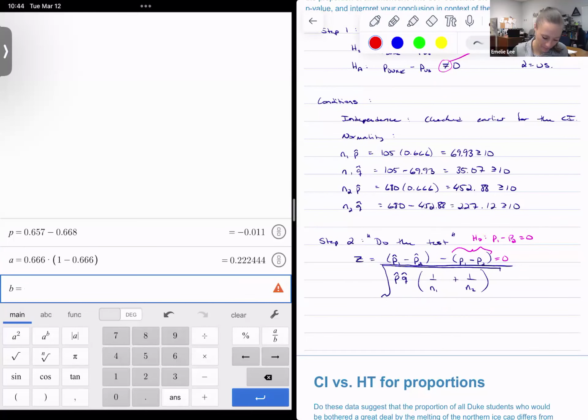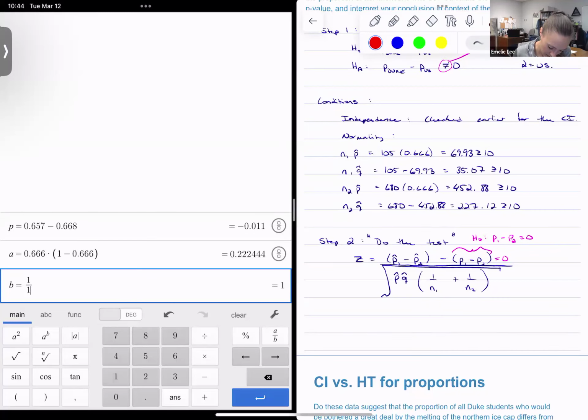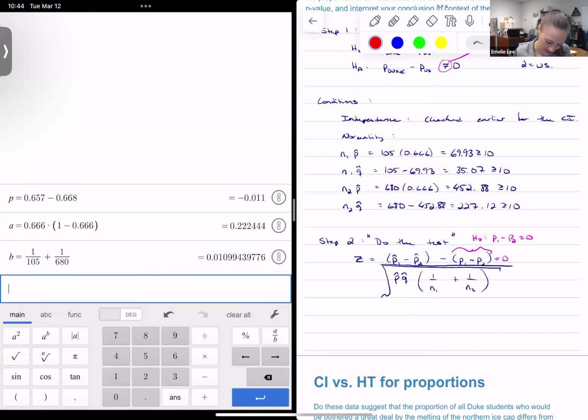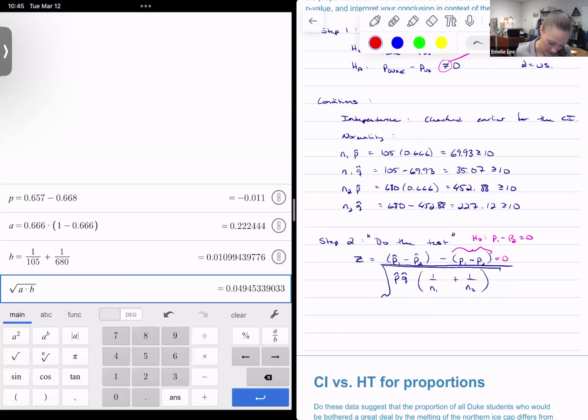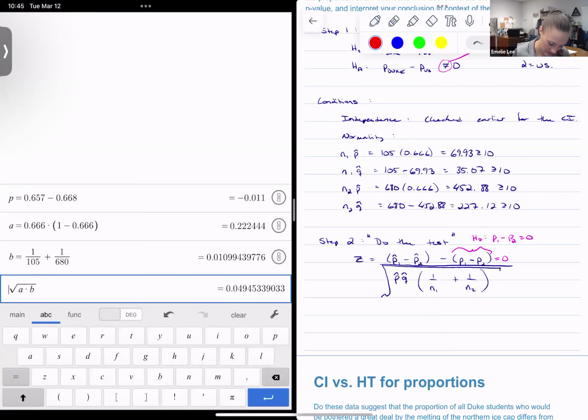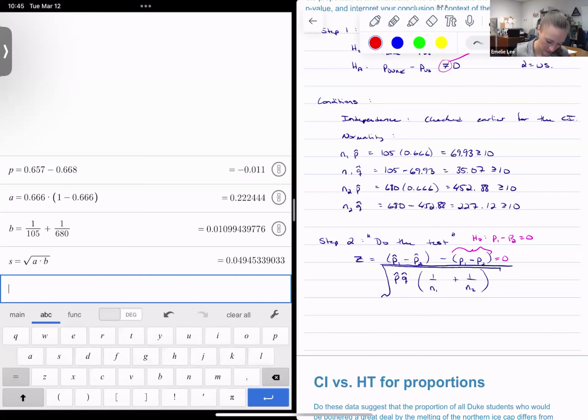So I'm going to call that B. And so I've got 1 over 105, plus 1 divided by 680. Now I want the square root of A times B. That's my standard error. So I'll call this S is equal to this.